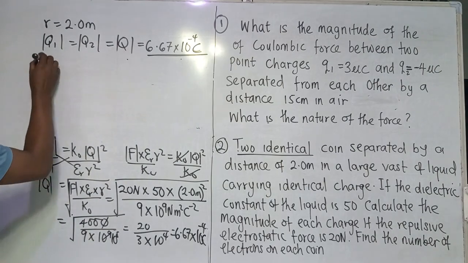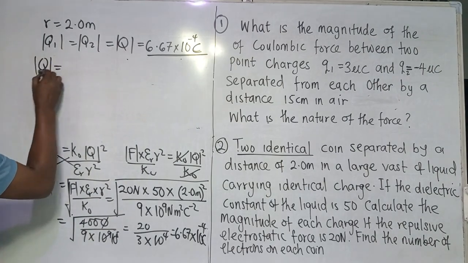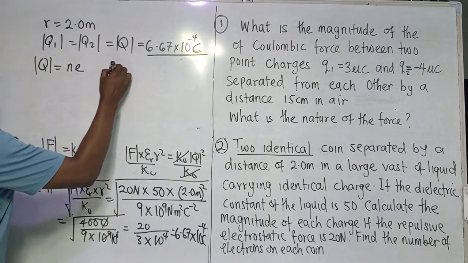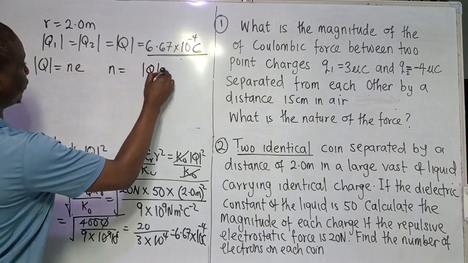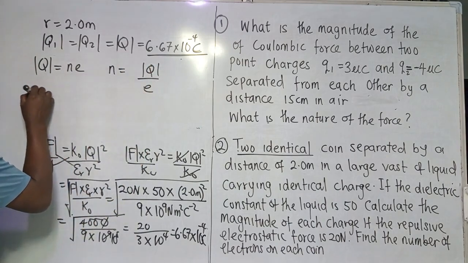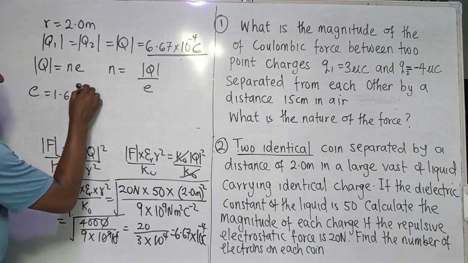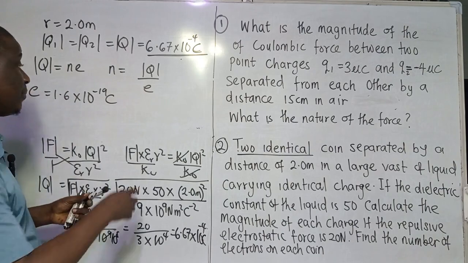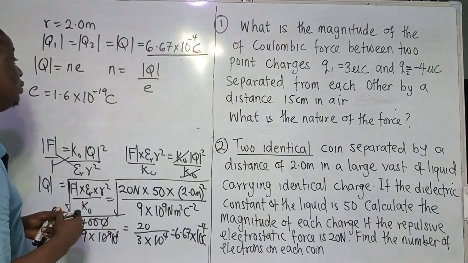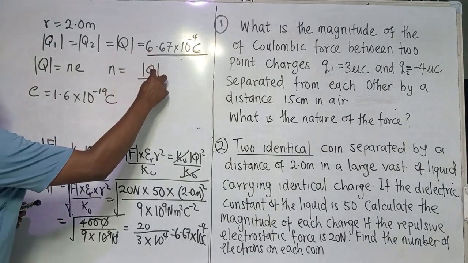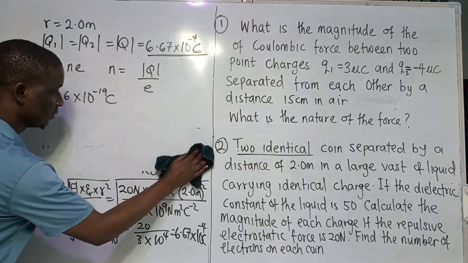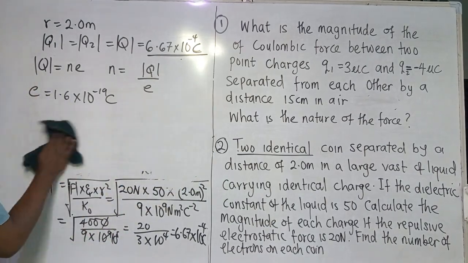To find the number of electrons on each coin, Q absolute is equal to N E, according to the principle of quantization. So N is equal to the absolute of Q divided by E. Don't forget E is 1.6 times 10 raised to the power minus 19 Coulomb. Very important. Then substitute into the equation, since we have already gotten our charge.